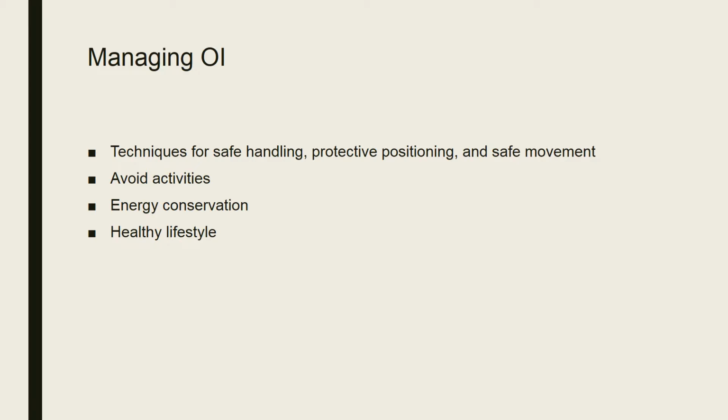To manage OI, you may also be teaching techniques for safe handling, especially of infants, maybe protective positioning, how to safely move. There may be some types of activities that you recommend they avoid.